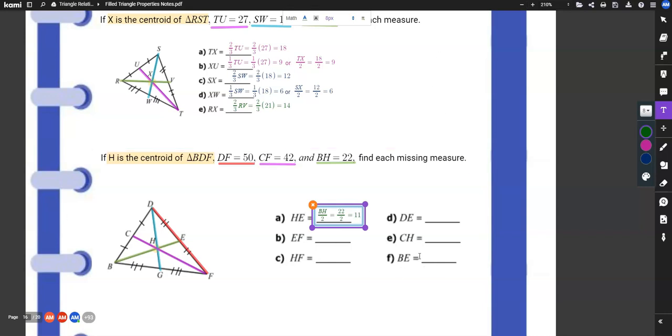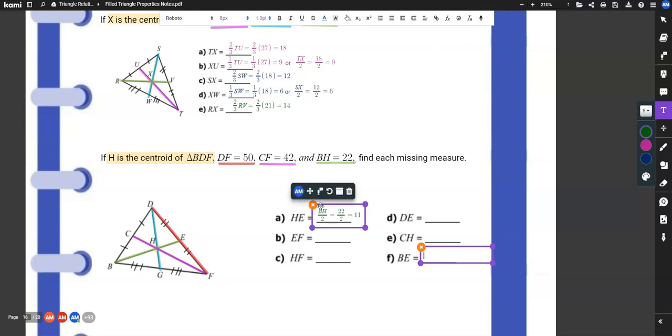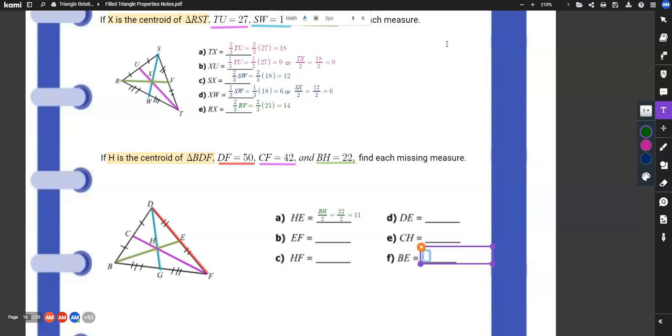Now I am going to go ahead and skip over here to problem F, because it asks me for the length of BE. Well, BE is the full length, okay? So we could say it's HE plus BH, 22 plus 11. We could say that BE is 3/2 times BH, because in order to invert the fraction, we would have to flip it. So what I would do, though, is say that BE is equal to BH plus HE, and that's going to be 22 plus 11, which is 33.